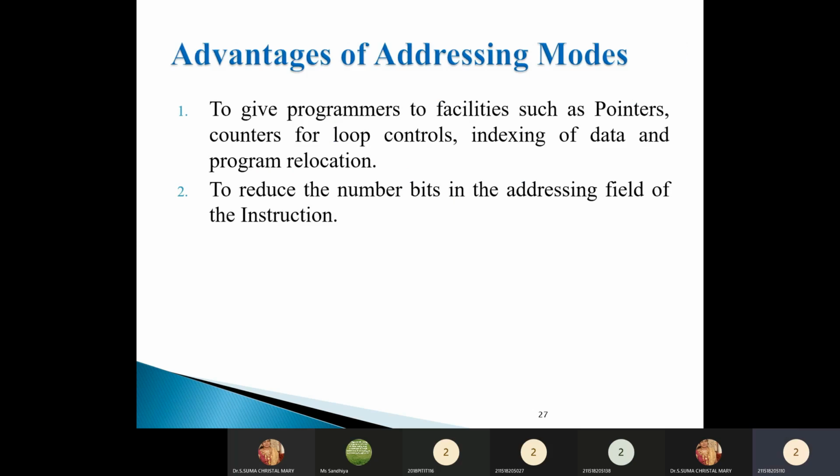Some systems have a special base register and others permit the use of general purpose registers. It gives programmers facilities such as pointers, counters for loop control, indexing of data, and program relocation. It reduces the number of bits in the addressing field of the instruction.